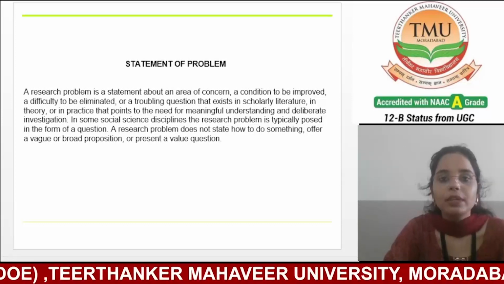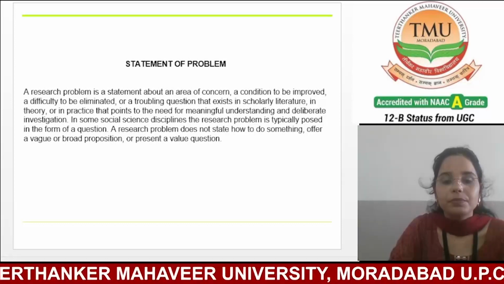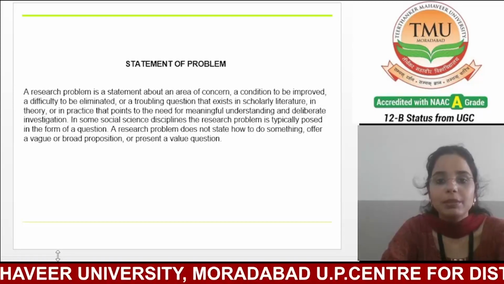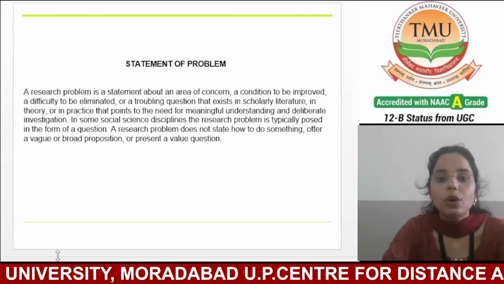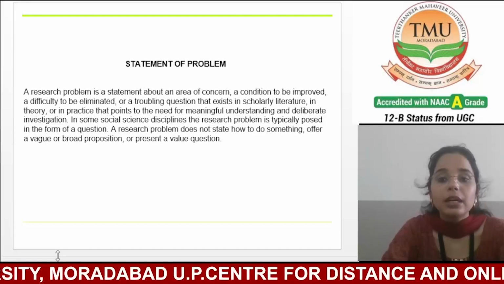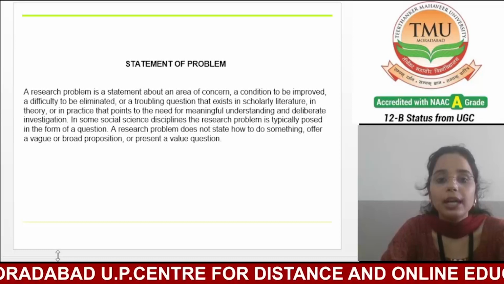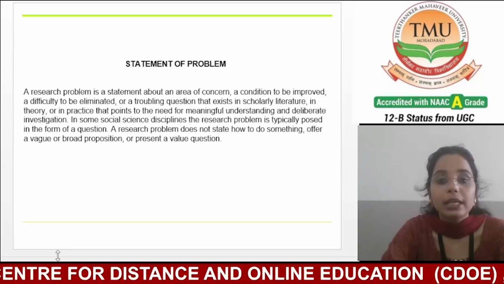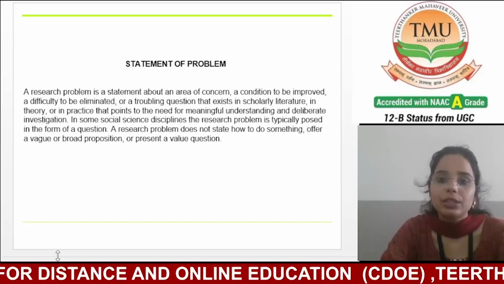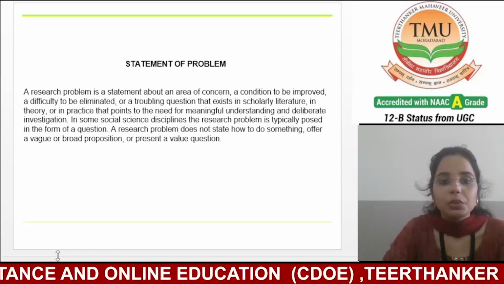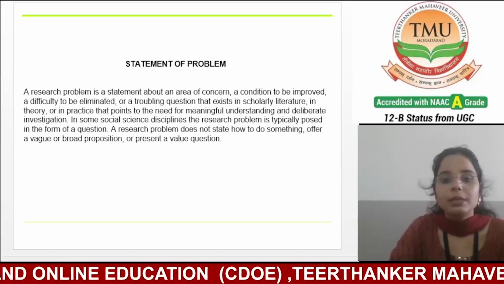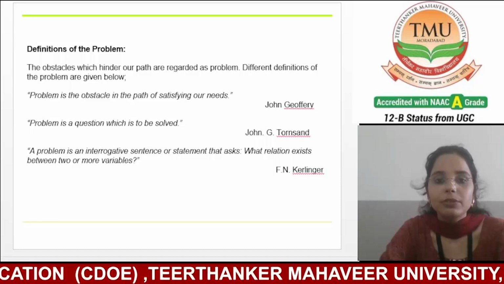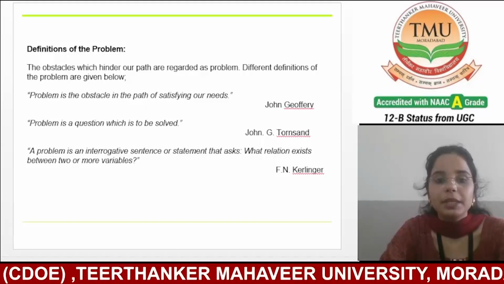So overall, we can say about the statement of the problem, basically a research problem is a statement about an area of concern, a condition to be improved, a difficulty to be eliminated, or a troubling question that exists in scholarly literature. After discussing the statement of the problem, now let's understand a few definitions of the statement of the problem.